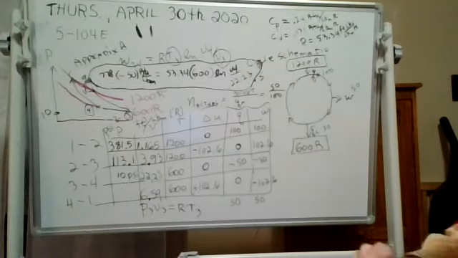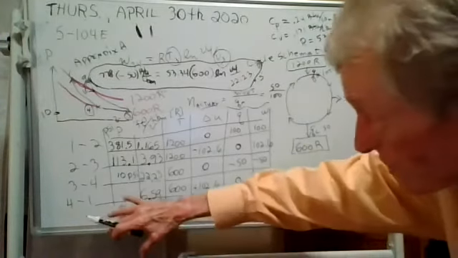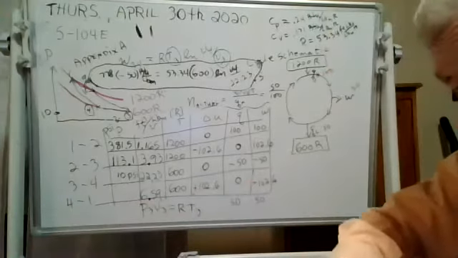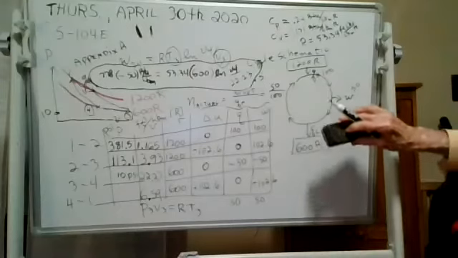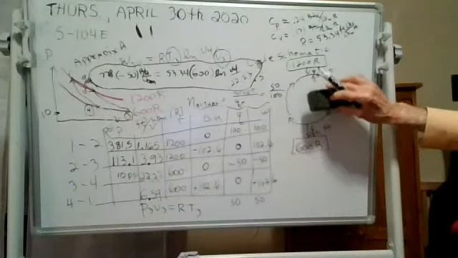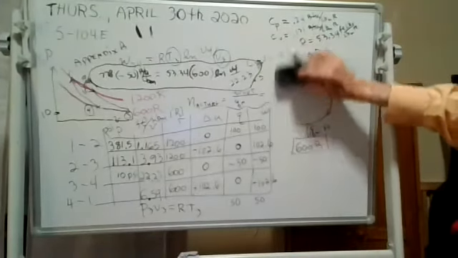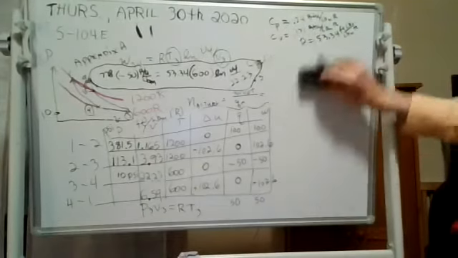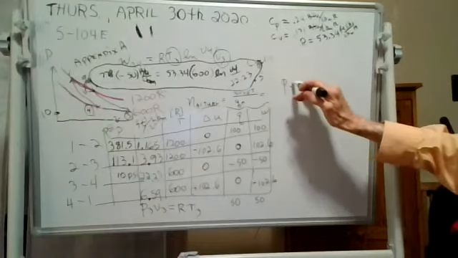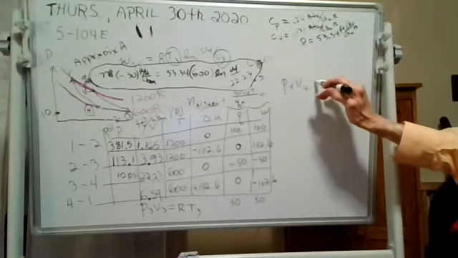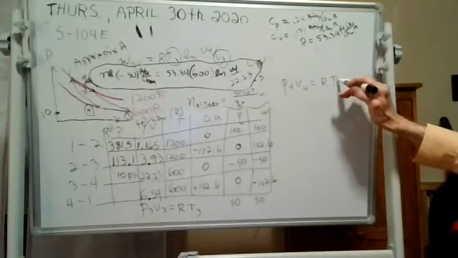Okay. Well, now we're going to get the pressure at state 4. Here we go. Remember, you have to go P4V4 equals RT4.